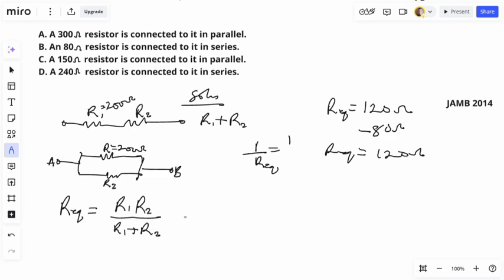If you substitute your values, we want 120 ohms equals, and we know one of our resistors is 200 ohms, 200 times R2 divided by 200 plus R2. So we have established an equation that will help us find the value of that resistor that will reduce the equivalent resistance to 120.